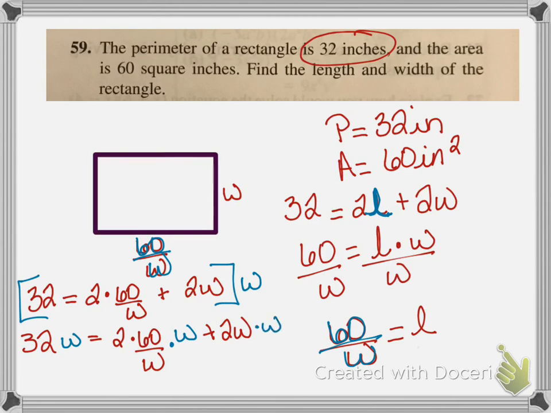So now I can simplify. 32 times W is 32W. These W's cancel out. So what's 2 times 60? 120. Excellent. So I have 120. What's 2 times W times W? 2W squared. Excellent. Okay, now I'm going to erase everything on the right-hand side. Is that okay? Can I erase the right-hand side?